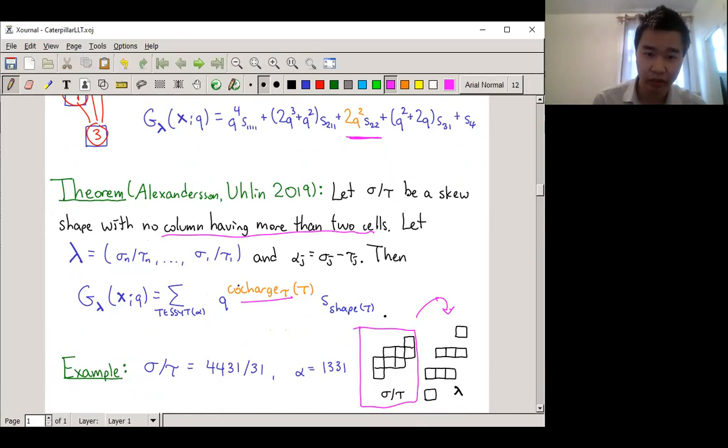The classical idea of cocharge applies when the rows are either nested or, I guess I could say, left justified like this. But we'd really like to be able to generalize it to just any tuple of rows. And this theorem is a result in this direction, that if the rows kind of look like a skew shape like this, then they give a formula. And if we can make it even more general, then that would be even better.